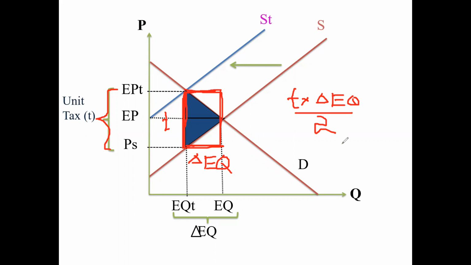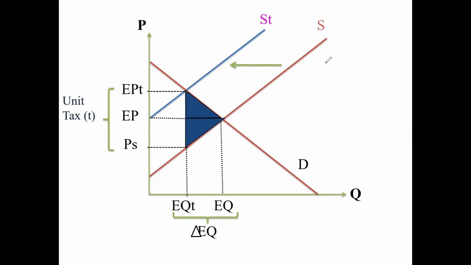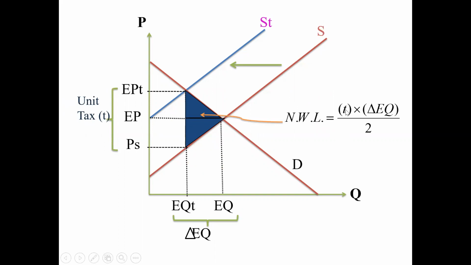That's the equation to calculate net welfare loss. Sometimes you are supposed to find this answer in MCQs, so you should be able to get the answer quickly using an equation like this. Write the equation also there.